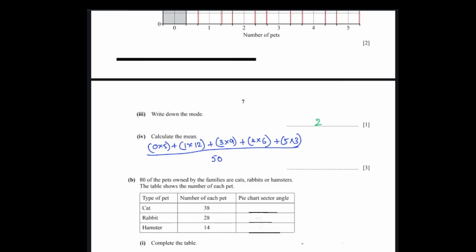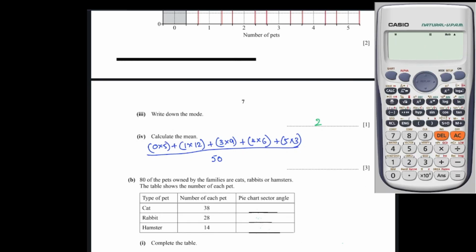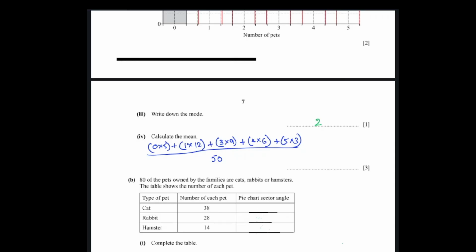So use your calculators for this. Fraction button, 0 into 5 plus 1 into 12 plus 3 into 9 plus 4 into 6 plus 5 into 3 by 50 is equal to 1.56. So 1.56 can be rounded to 1.6.